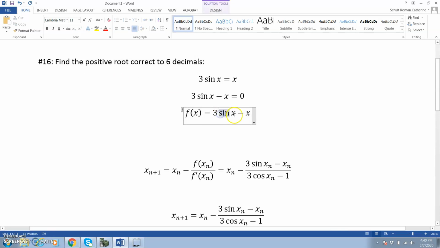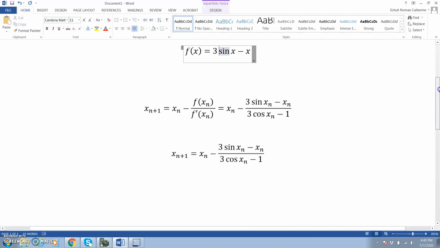But I know at pi over 2, the sine is 1. So this is going to be 3 minus pi over 2, and that's going to be bigger than 0. And then I'm going to mess around with where sine is -1. So it'd be -3 minus pi in this case, and that's going to be a negative number. Again, just kind of messing around with the sine.